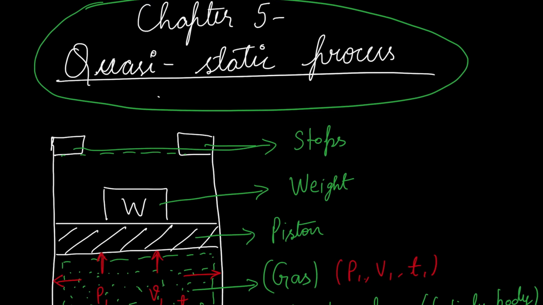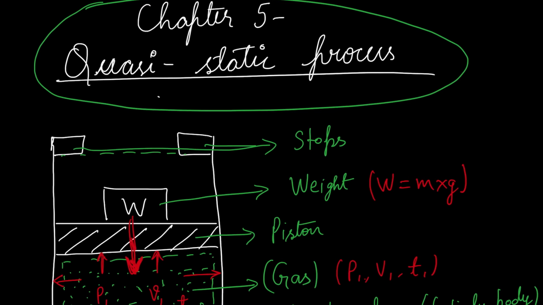Now this piston has a weight W on it. This W weight is exerting a downward force, which is equal to W. Weight is simply mass into gravitational acceleration. Now what this W is doing, this W is not allowing the piston to move up because this gas has a tendency to expand.